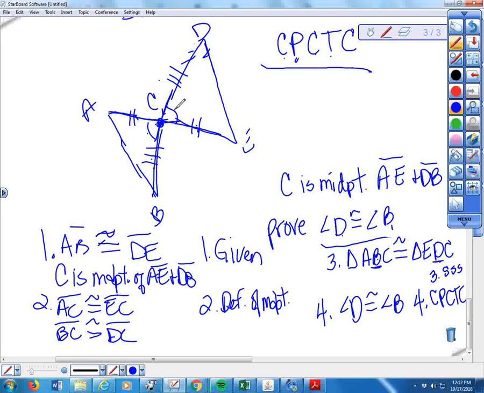Then you could say the two triangles are congruent, side, angle, side, making sure you write it the correct way. And from there, you could prove this angle and this angle are equal, or this angle and that angle are equal. Okay, it's just a process of first proving the triangles are congruent and then using that knowledge to prove corresponding parts of those triangles are congruent.